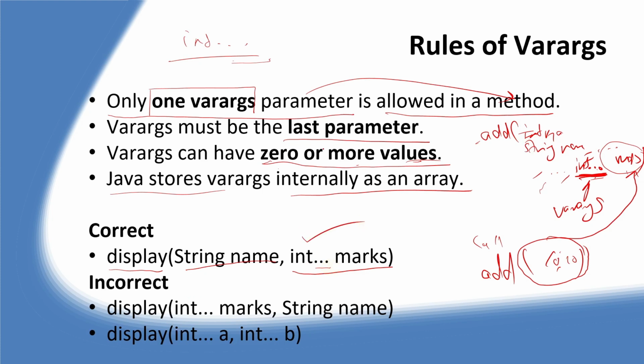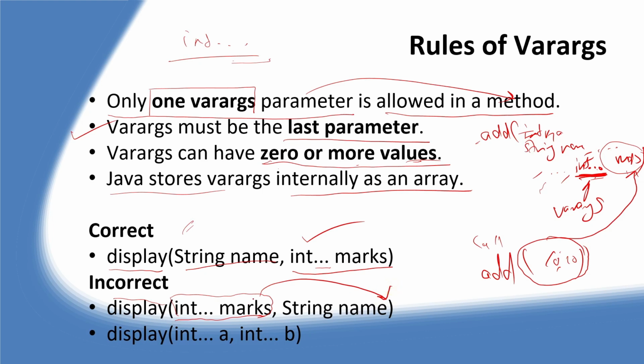Let's identify what is incorrect. So this is the method name. This is Varargs. So we know one rule, right? Varargs should be the last parameter. See, second point. It is violating the second point. This should come at the end of the parameters.